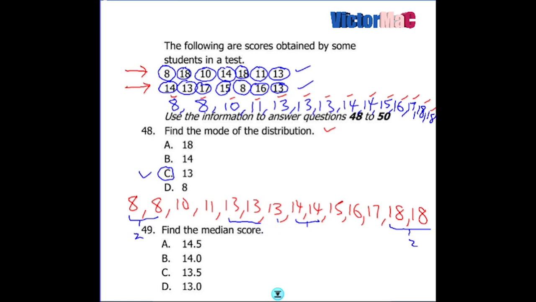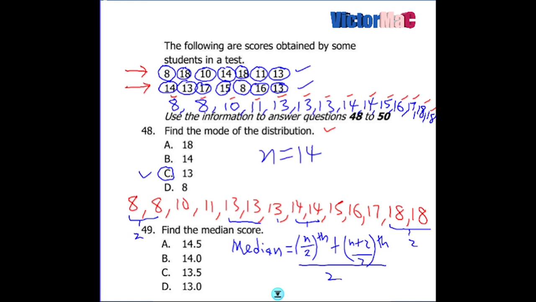For this kind of situation where we have 2 middle numbers, the formula is the n over 2 th term and the n over 2 plus 1 th term, and we find the average. The n here talks about the number of values we have altogether. We have 14 values, that is the 14 scores obtained by the students in the test.